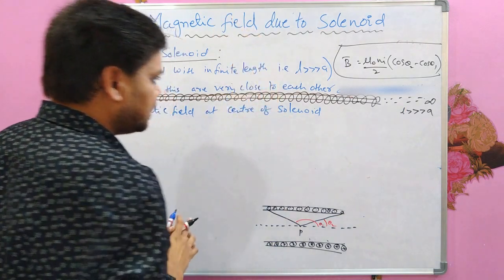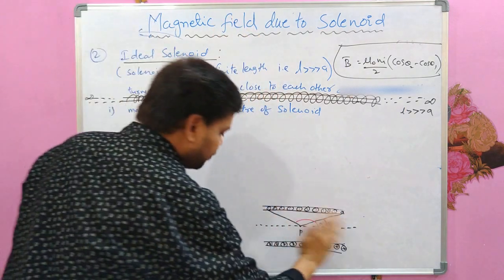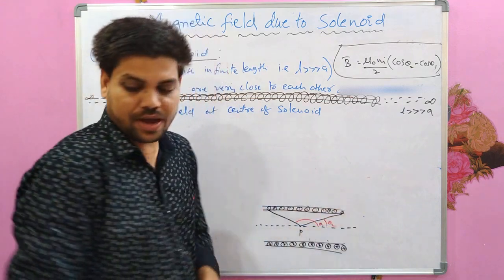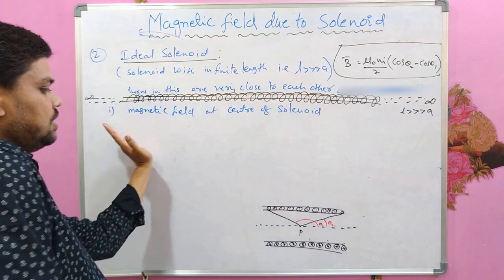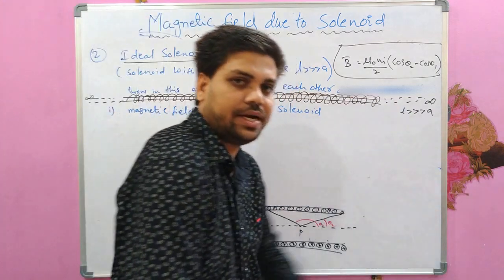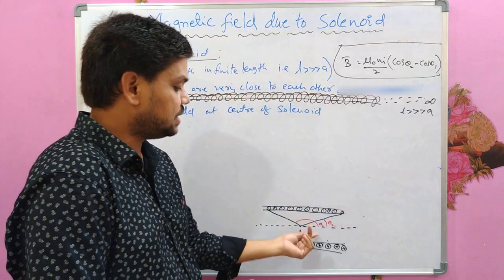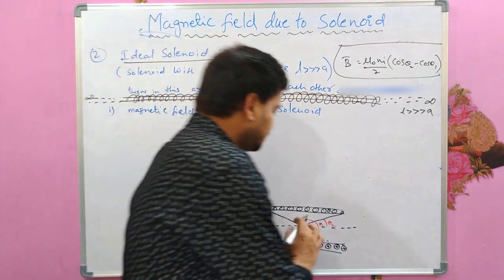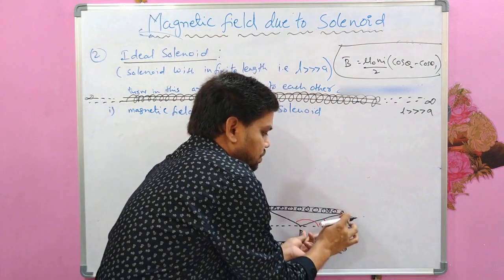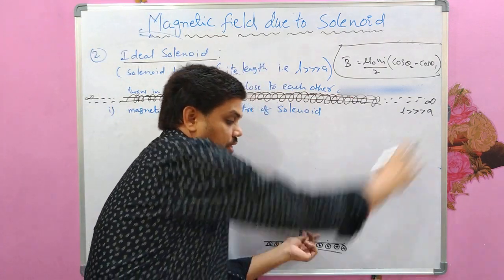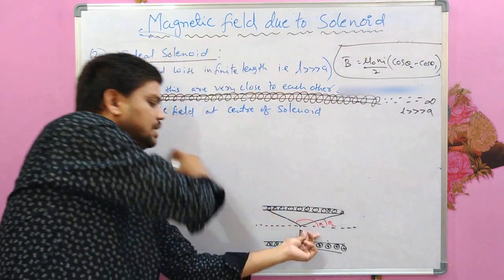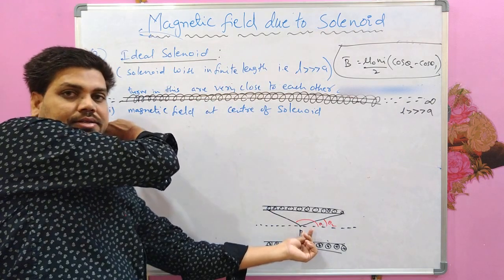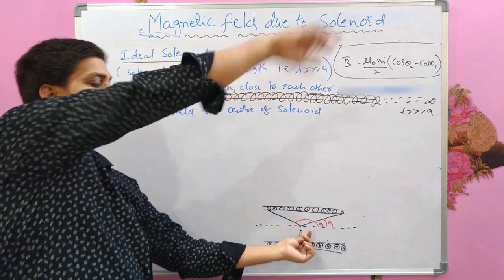If P is at the center, and if you write theta 1 and theta 2 values for this case, for example, if you take theta 1 this side and theta 2 this side, P is at the center. If you imagine this point is at infinity and this point is at infinity this side, it's a very long solenoid.